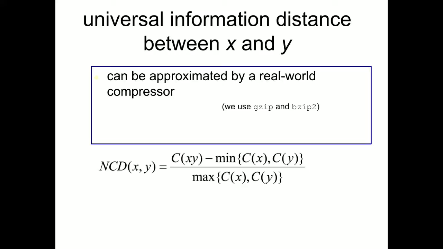Typically, people just concatenate them. Then you look at the difference between the compressibility together and separately using this formula, and you get a distance called the normalized compression distance. I should have put references on the slide. There are some beautiful papers from Vitanyi and Cilibrasi in IEEE Transactions on Information Theory.